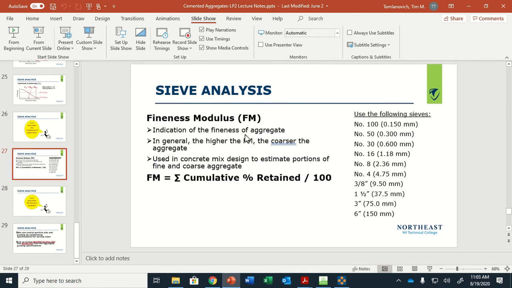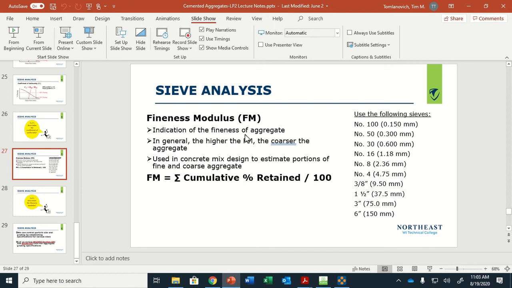So the larger this number, okay, if we look at this, so obviously if we have more cumulative percent retained on the smaller sieve sizes, right? So that means the aggregate's coarser, correct? Okay. Or I'm sorry, the sieve openings get larger as I go up.